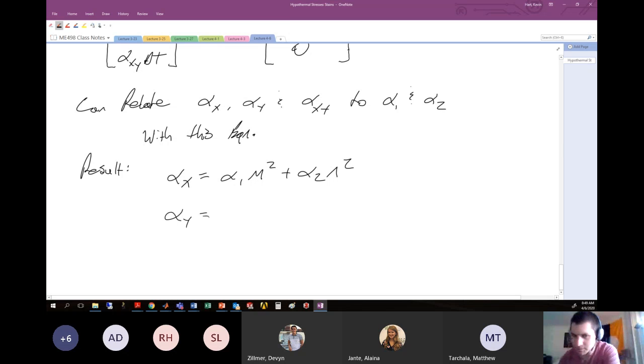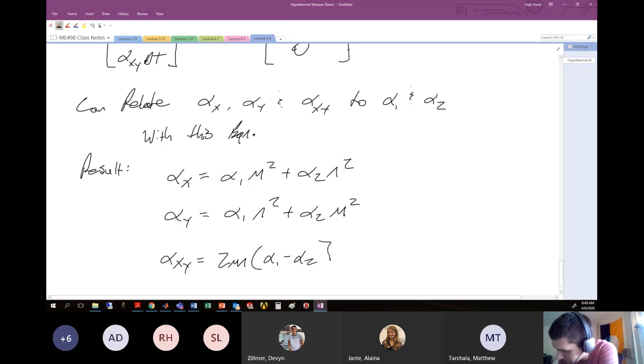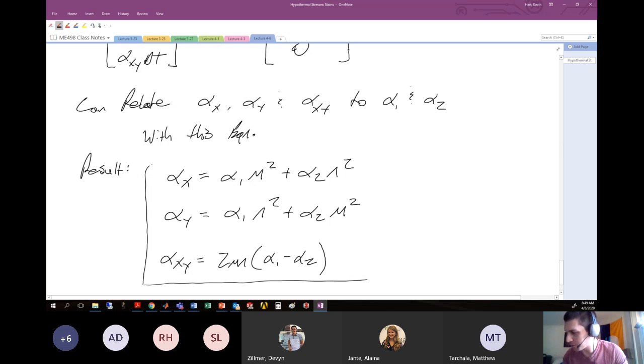Alpha y is just going to be alpha 1 n squared plus alpha 2 m squared, and then alpha xy is 2mn times alpha 1 minus alpha 2. Okay, so it's this strange coefficient of thermal expansion for shear if you're in an off-axis coordinate system.